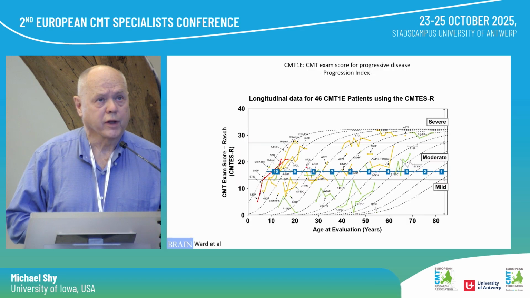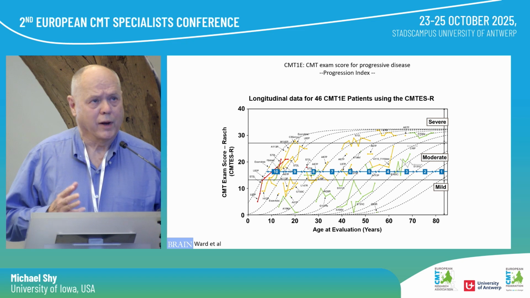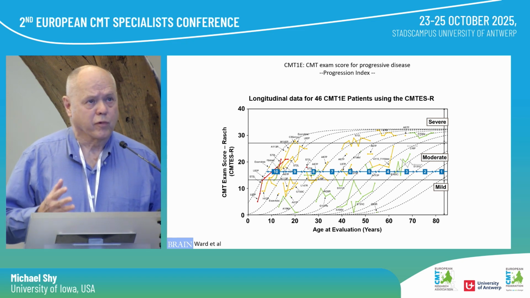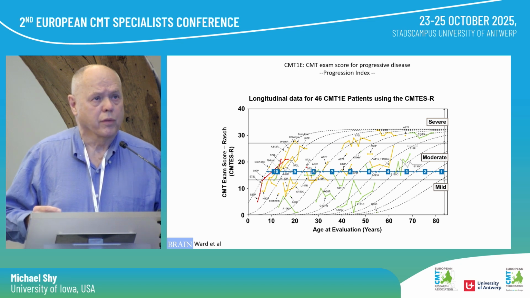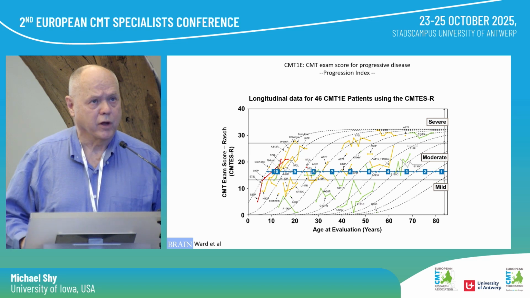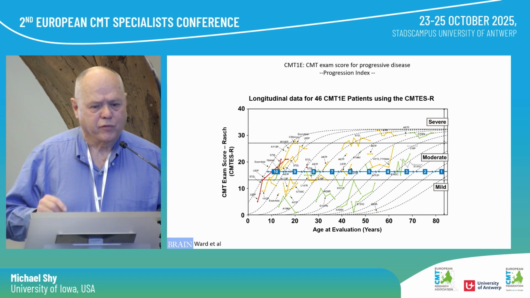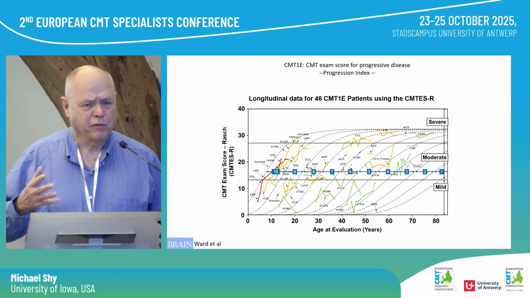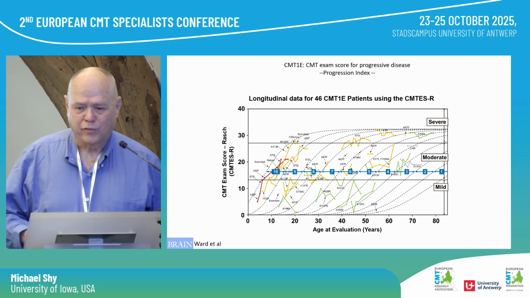And then when we put all of this together, it's a busy slide, but what I want to point out here is that, first of all, again, the age is on the bottom, and many of the patients with the transmembrane domain variants progress within the first 2 decades of life. But a person could have the same score at age 10 that somebody else might have at age 50, and we wanted to put this into perspective, to get a better model of severity.